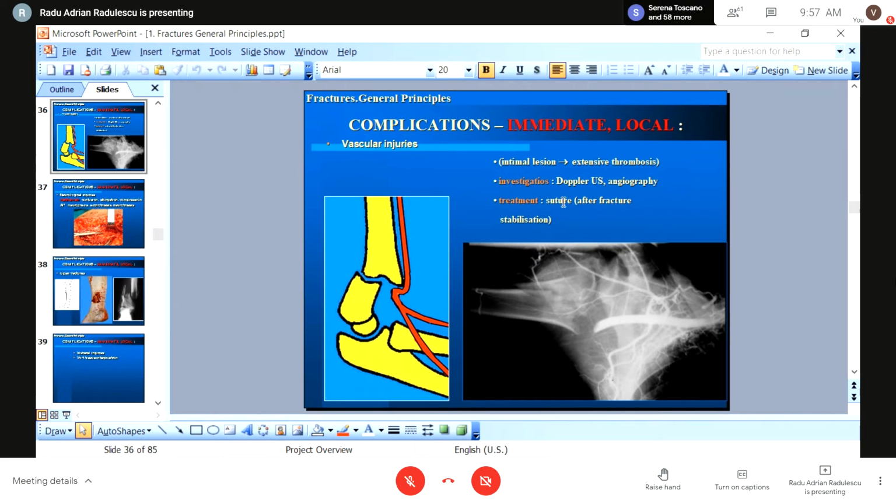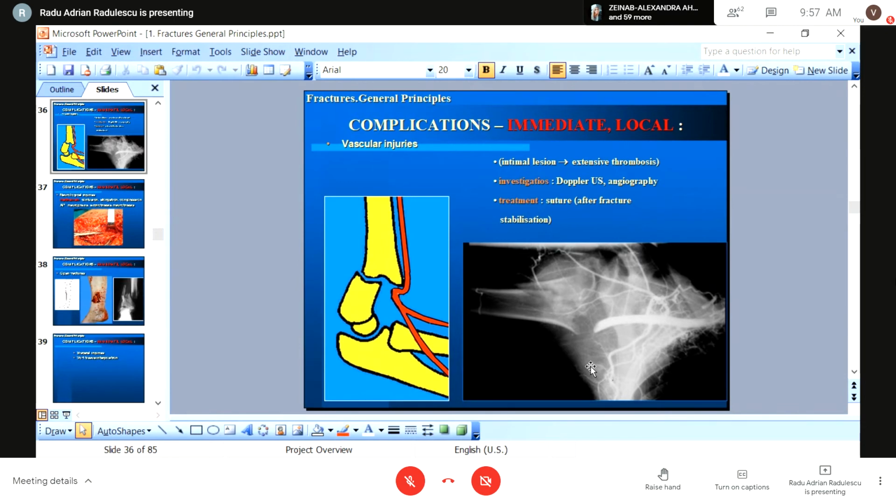So the lesion may be at the level of the intima of the vessels, which may lead to a thrombosis inside the artery. We may use the Doppler ultrasound and angiography, like I said before. And the immediate treatment must be established in order to regain the blood flow at the level of this segment.